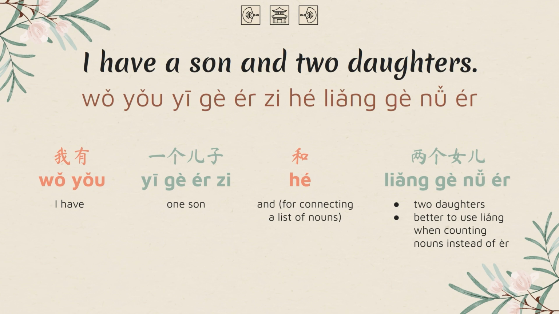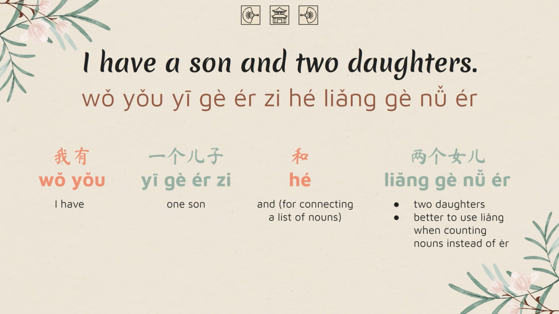I have 3 sisters. 我有3个姐妹. So when you're counting the nouns in Chinese, the measure word is indispensable. And when in doubt, you can always use 个. In future lessons, I will introduce more measure words.